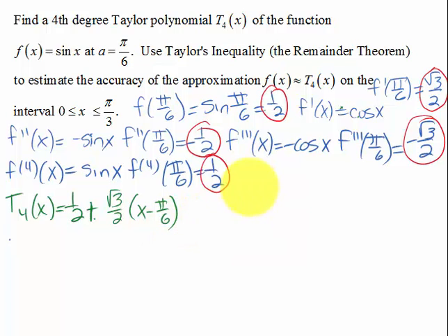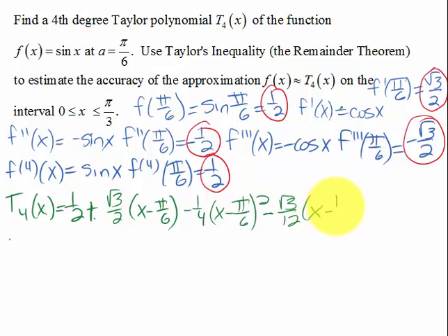Okay, and then the next one is negative 1/2, but that's going to become a negative 1/4 because remember that's divided by 2 factorial. That's x minus pi over 6 squared. Now as we look to our third powered term, we have negative square root 3 over 2, but then that's divided by 3 factorial, so that becomes negative square root 3 over 12, and that's multiplied by x minus pi over 6 to the third.